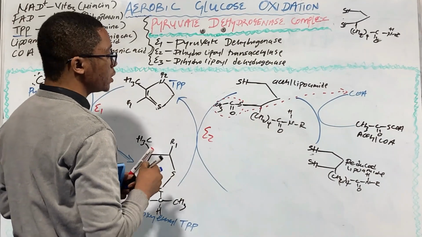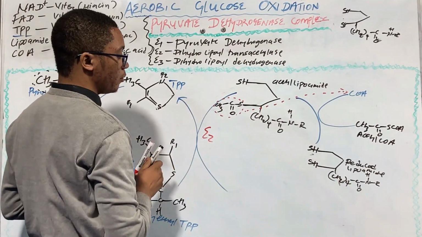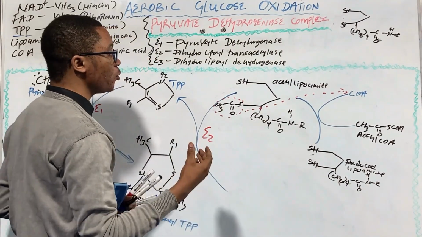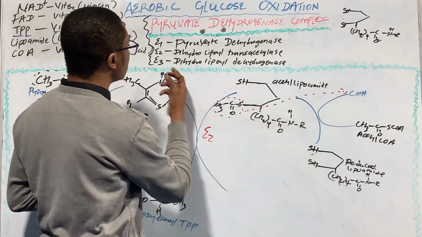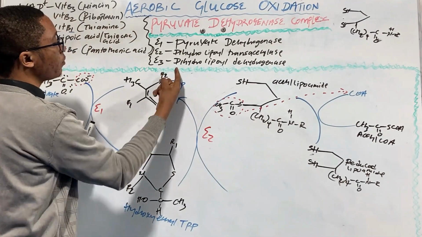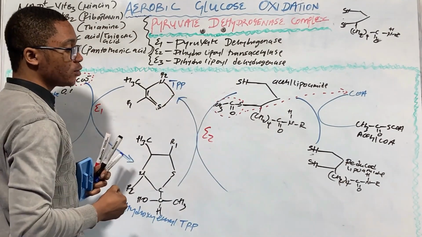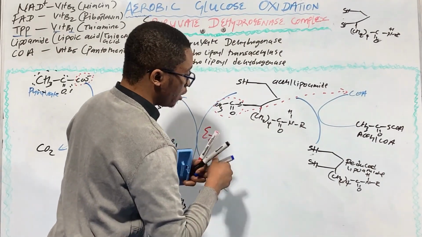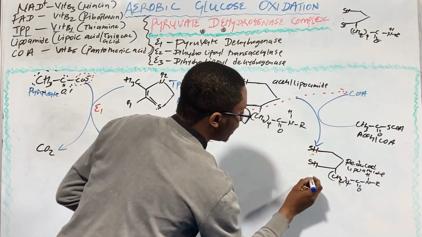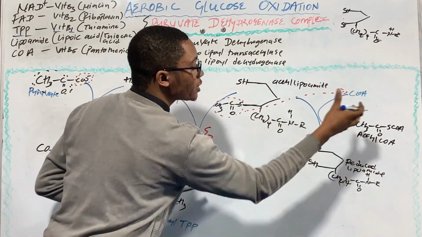All right, so this is the second step. Now let's move into the third step, which is catalyzed by the third enzyme, dihydrolipoyl dehydrogenase. The third enzyme comes here and reoxidizes.